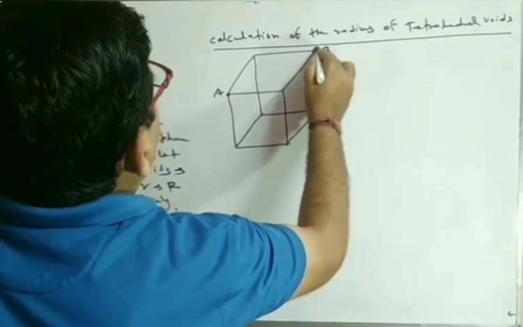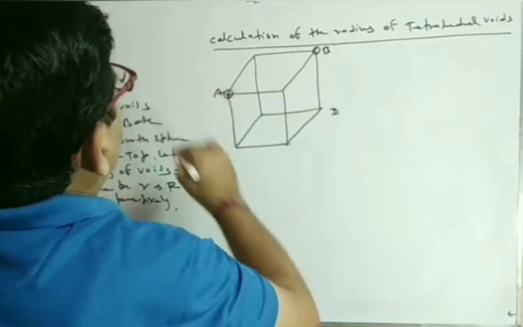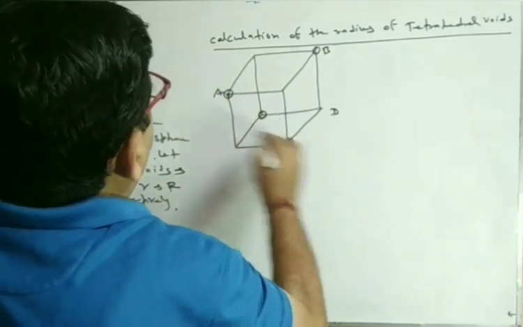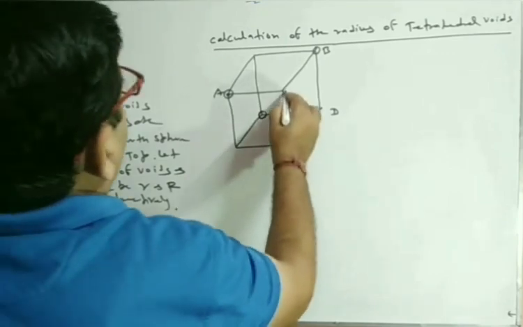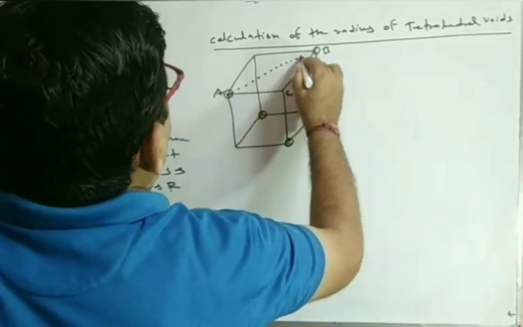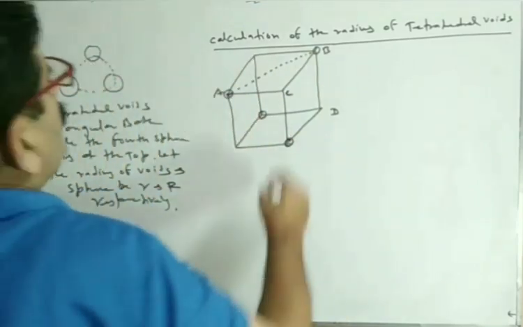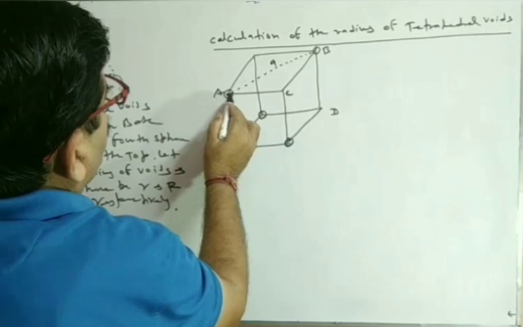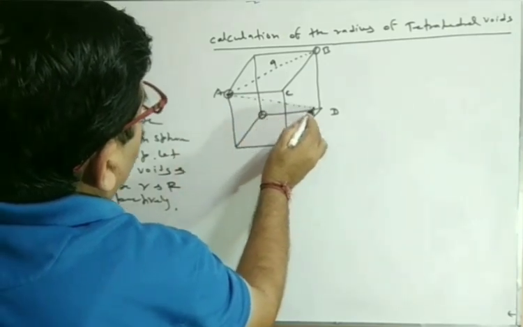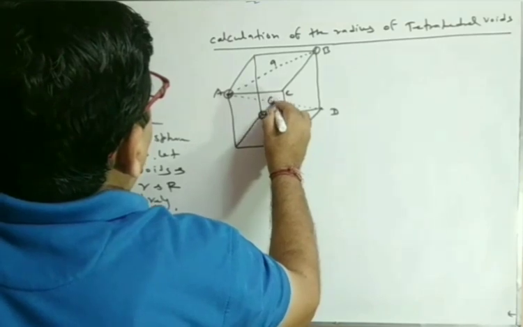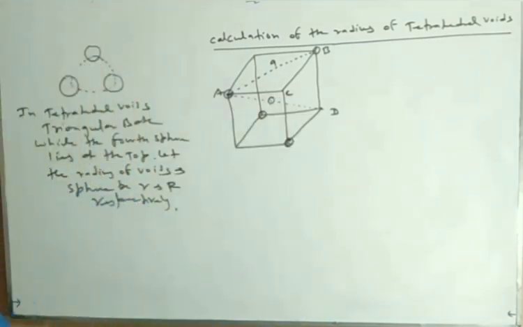This is B. This is C. This is A's length. This is said to be the body diagonal. Here we write what? Void.